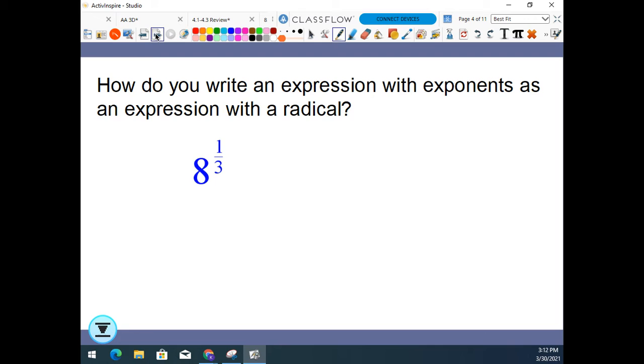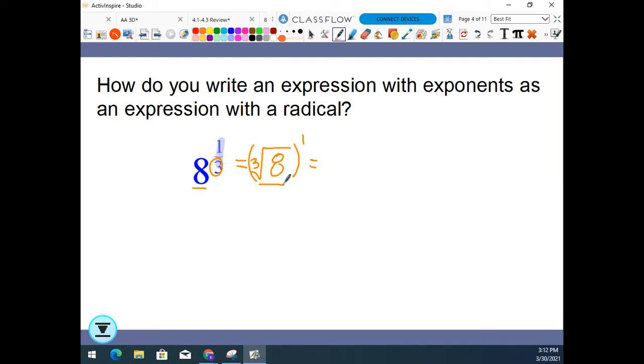We also covered this first semester, but we just kind of need a little review, kind of jog your memory. You can rewrite any rational exponent using radicals. So I'm going to take my base of 8, bring it over. The denominator moves to the root of the radical. And technically, the whole thing is to the 1st power, but anything to the 1st power is the same.